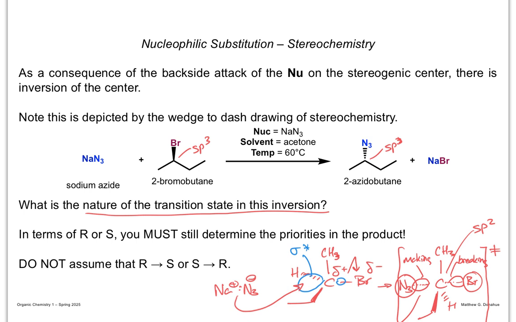It says in terms of R and S, you still must determine the priorities of the products. And the caveat here, which I'll highlight in red: do not assume that an R stereogenic center becomes an S or vice versa. You still have to determine it.